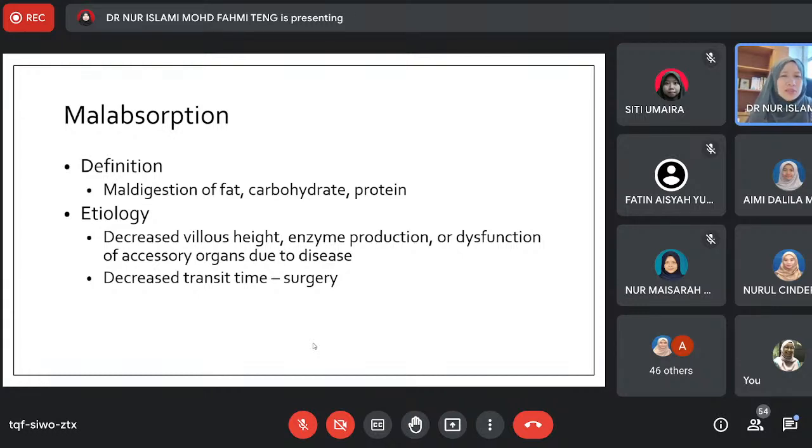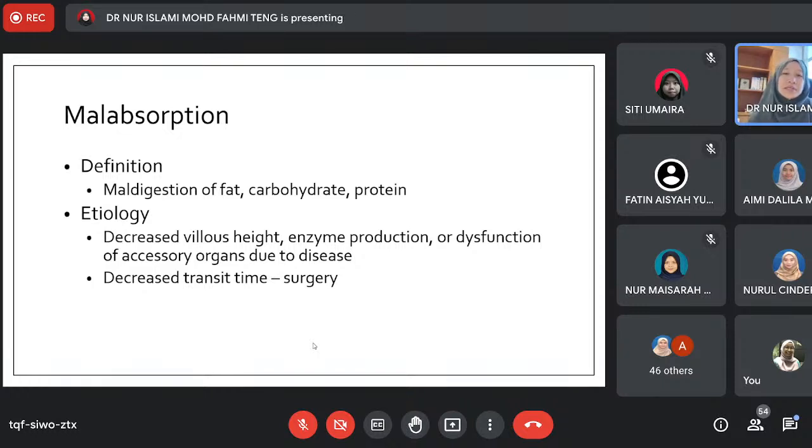There are various possible causes that can lead to malabsorption. We define malabsorption as maldigestion of fat, carbohydrate or protein. It can be caused by inadequate digestion. Why inadequate digestion? For example, because of insufficiency of enzymes or certain drugs, bacterial overgrowth in the small intestine, inflammation, genetic disorder, defect in the mucosa, or any endocrine and metabolic disorder.